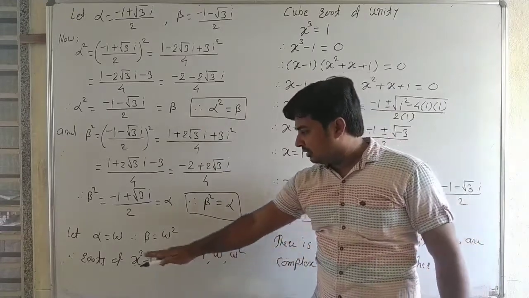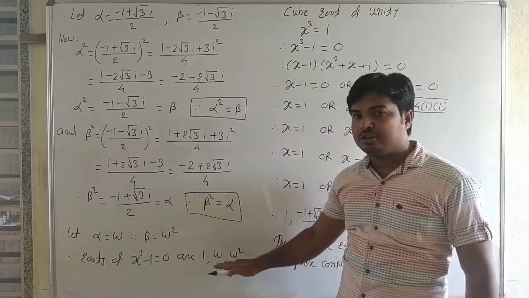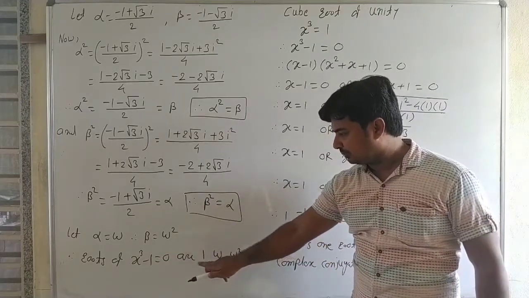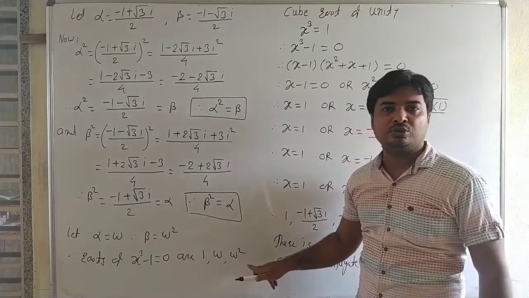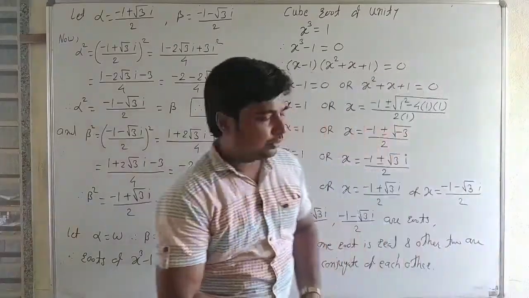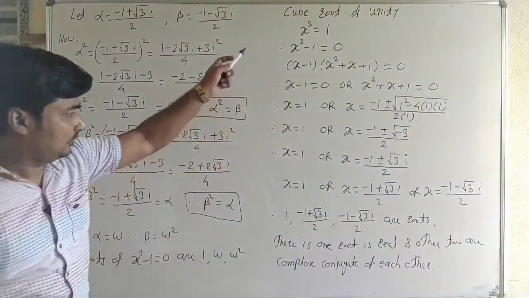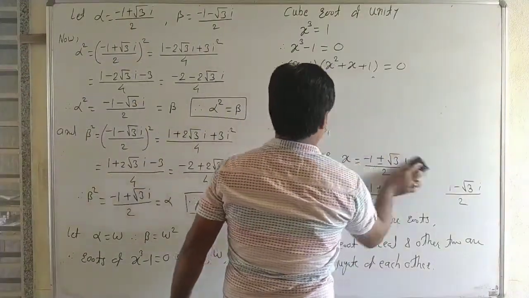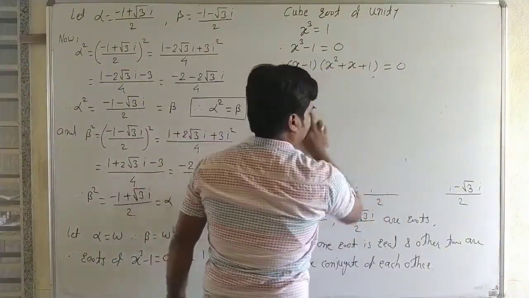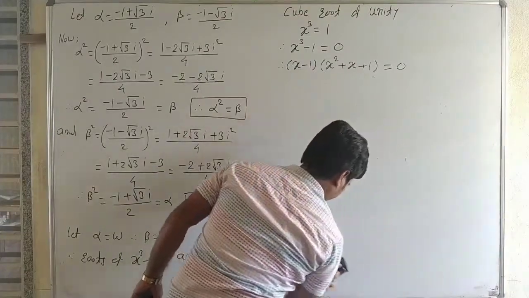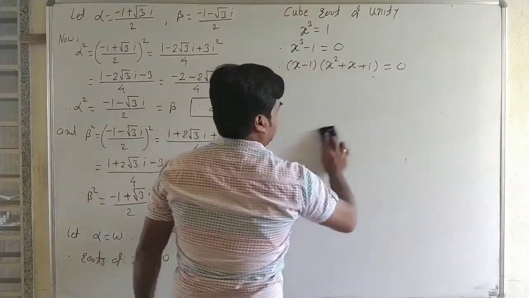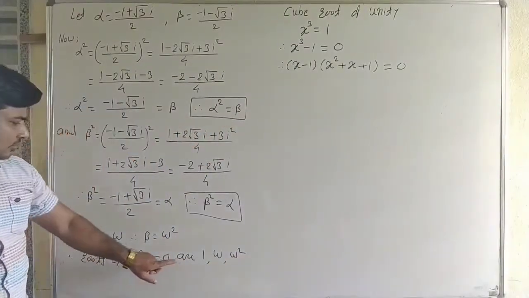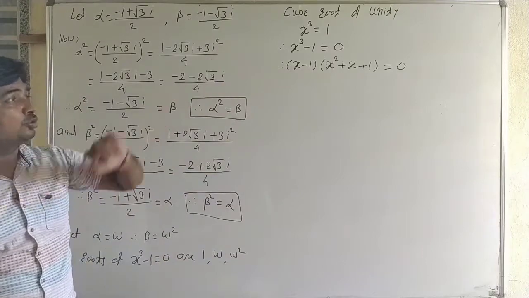That means this equation is satisfied by all these roots, that is the values of x: x equal to 1, x equal to omega and x equal to omega square. Now we write this in the form: 1, omega and omega square are the roots of this.